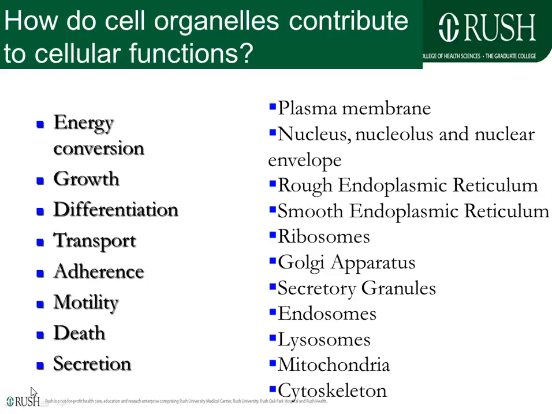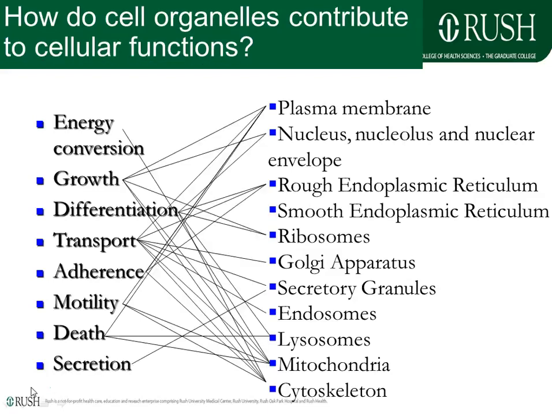In other words, all adherence is not carried out by one particular thing, or all secretion is not carried out by one particular organelle. Instead, it's a more complex relationship. You have a number of functions that rely on several different organelles in order to be carried out efficiently, and you have a number of organelles that participate in several different processes.